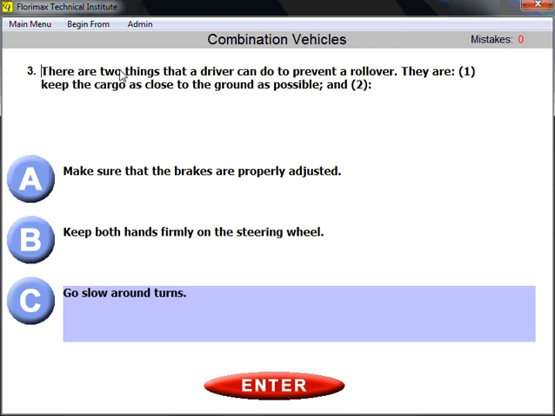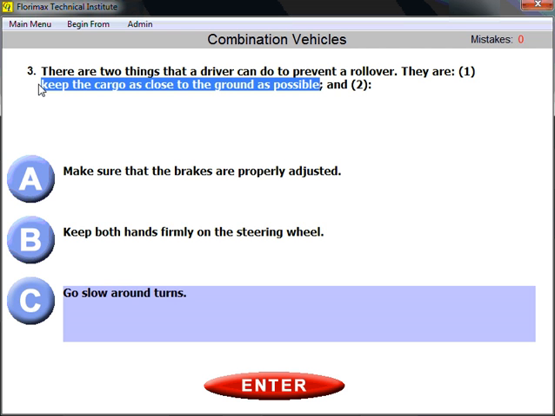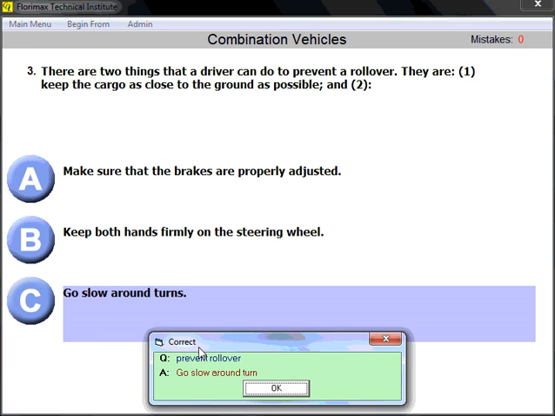Go slow around turns will appear here in the question, and then you will choose the other one. So always 2 things you can do to prevent a rollover. The first one, keep the cargo as close to the ground as possible. And the second one, go slow around turns.